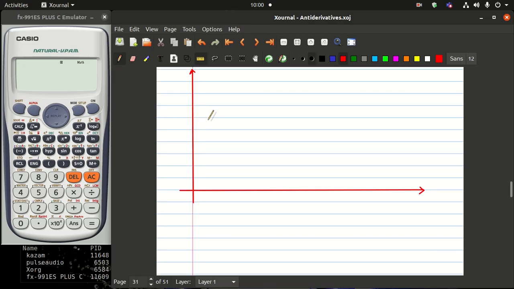I want us to talk about this, because once you understand this, then you will understand what a definite integral is. If you don't understand what I'm going to do, then you don't understand what a definite integral is and what the relationship is between the definite integral and the area under the curve. Because truthfully speaking, that's just the net area if we are talking about the definite integral.